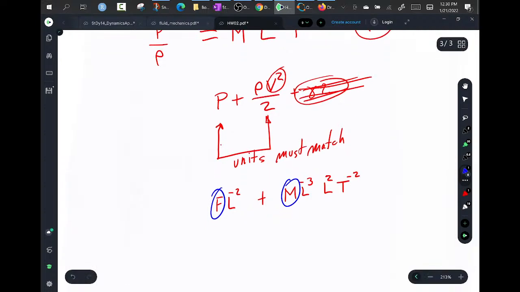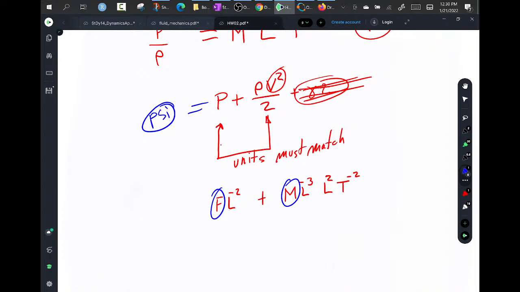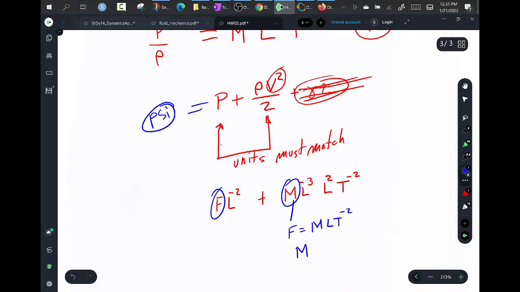Now, what do you want to do? Well, since this thing is written and has the basic units of PSI, for example, I would prefer to leave the force and convert the mass this time. So again, F is equal to mass times acceleration, or mass, convert this around, is equal to force, L to the minus 1, T squared.